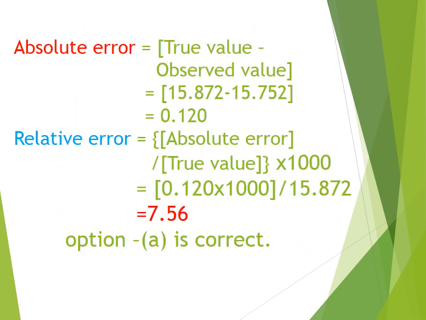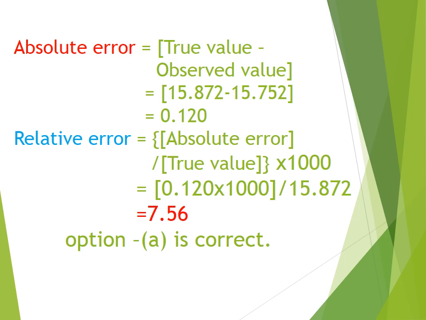The absolute error is equal to true value minus observed value. This is equal to 15.872 minus 15.752, which is equal to 0.120. Therefore, the absolute error is 0.120.